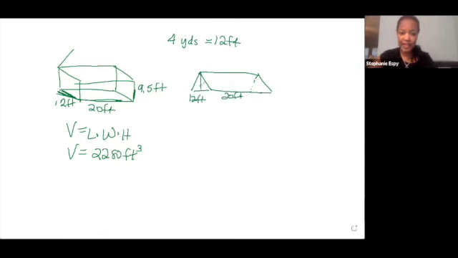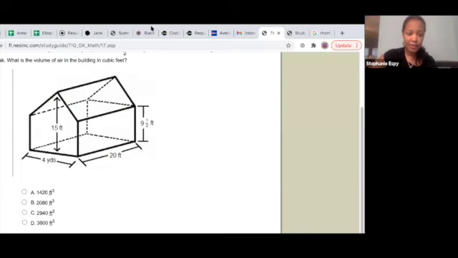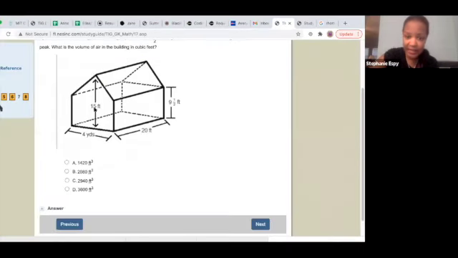Now this height here is, let me go back to the problem so you can see how we get that height. So look at the height. The full height is 15 feet, right? But we just want the height of the triangle.